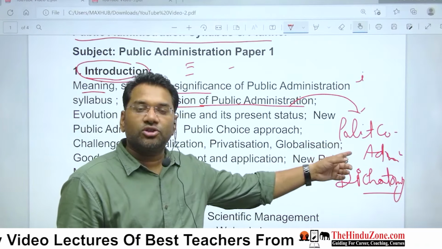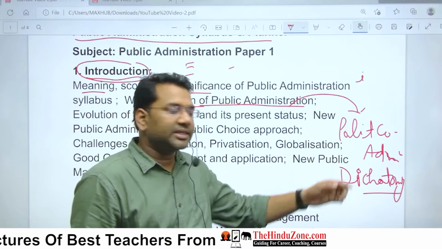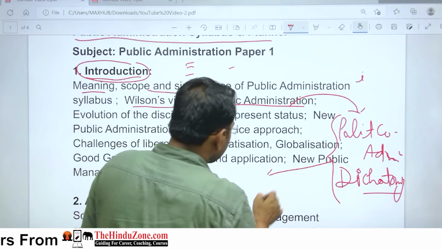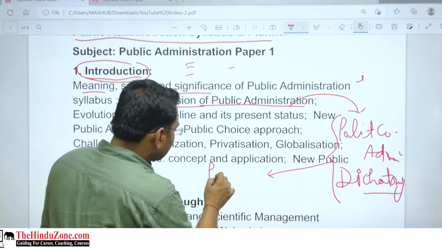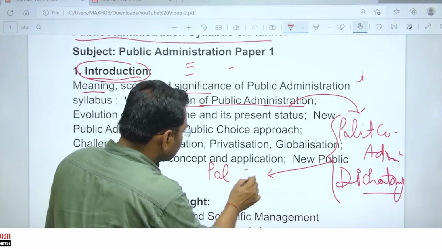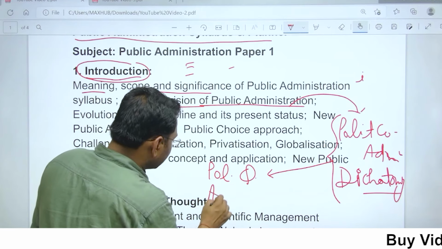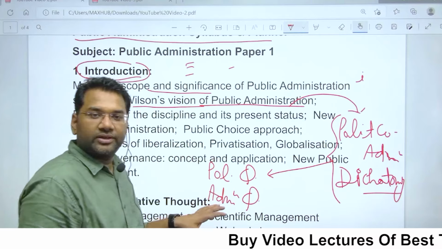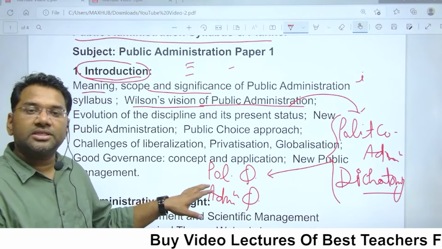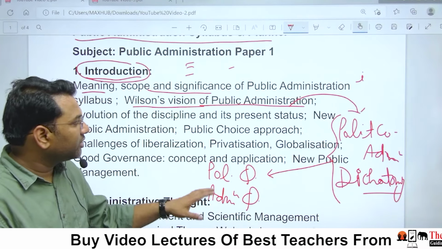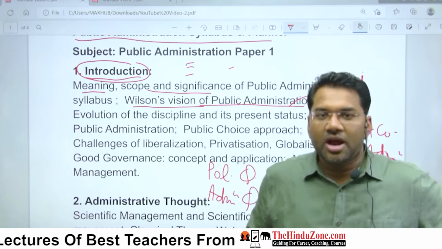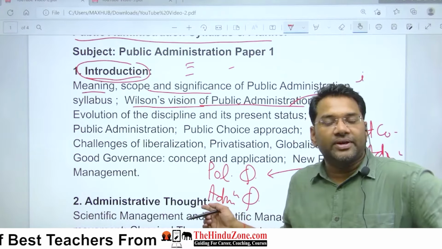In this particular theory, Wilson highlighted that political questions and administrative questions are different. Politics is different, administration is different. We cannot mix political science with administration. Administration is something very different.